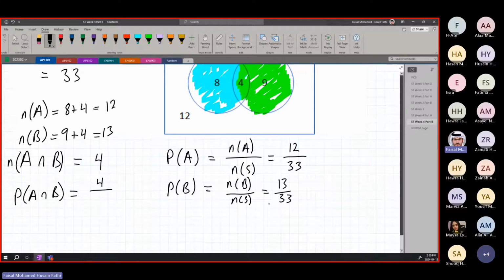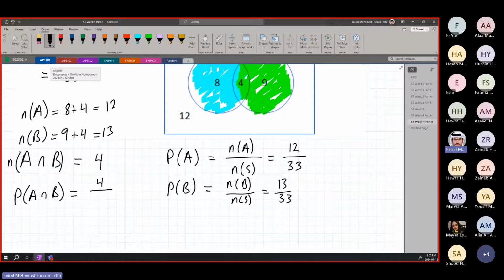We don't know what exactly the elements are. We don't know the set. Remember that when we're writing it by itself, you would usually say A is, I don't know, names or letters like heads and tails, and so on. But we don't have all of that. We only have the numbers of how much it's occurring, so we're always talking about the numbers in this case.